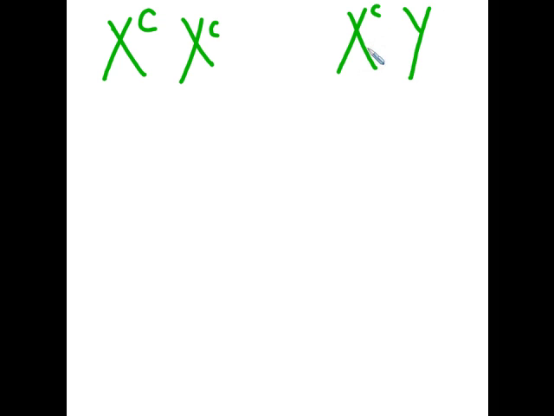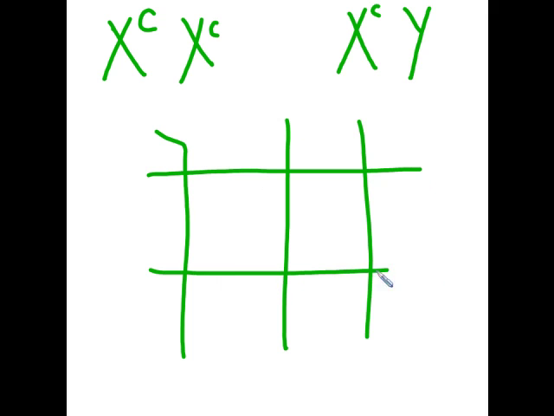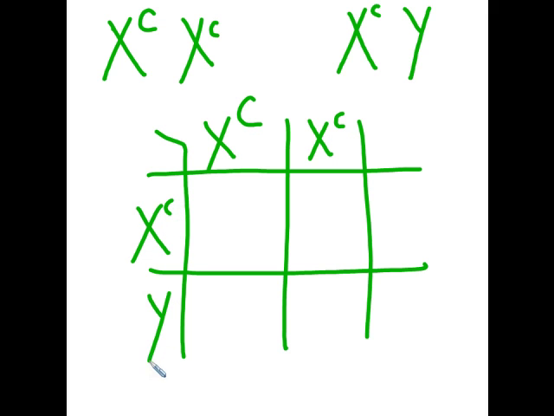He doesn't have any other gene to protect him. So let's draw a Punnett square for this. The mother will be like this, and this is the father. So their offspring would be this way.